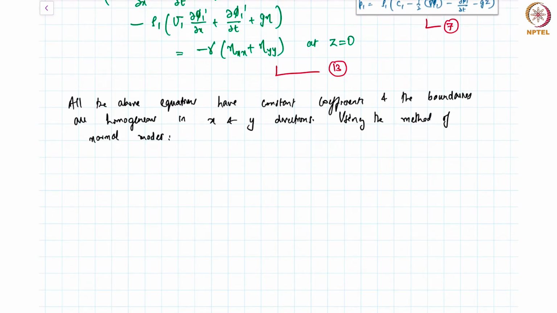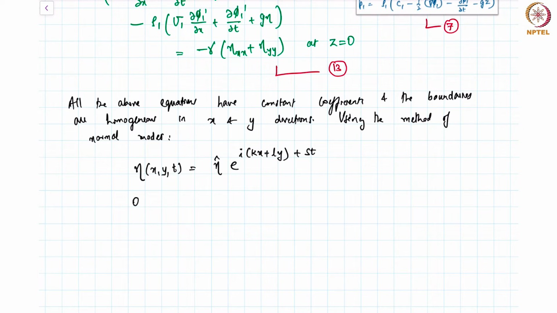If we write down the method of normal modes, it essentially says that the perturbation eta, which is a function of x, y and t, will simply be some amplitude quantity eta prime times e power i(kx plus ly plus st).